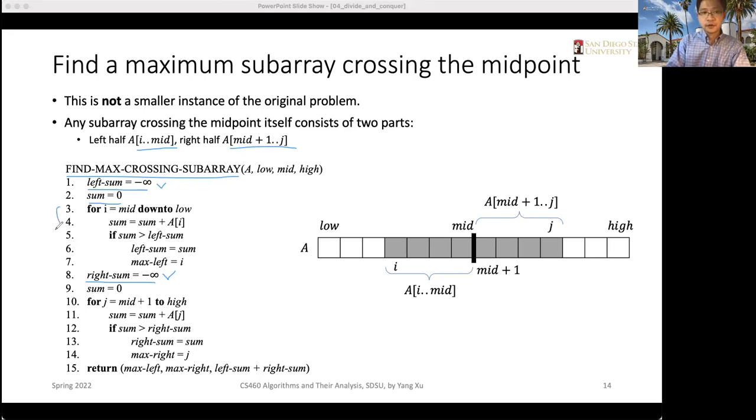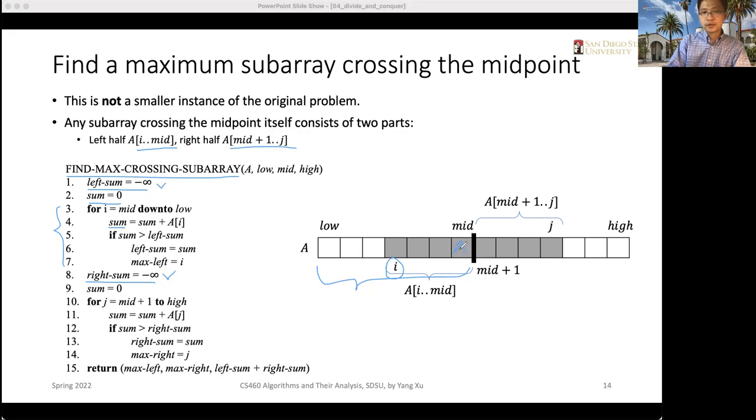The first for loop iterates over all possible positions for the left index i. Okay, it starts from mid and goes down to low. And we need to consider the summation at each point, right?